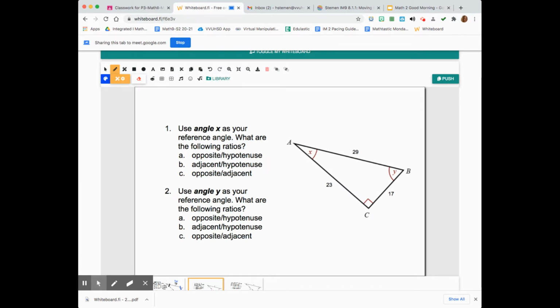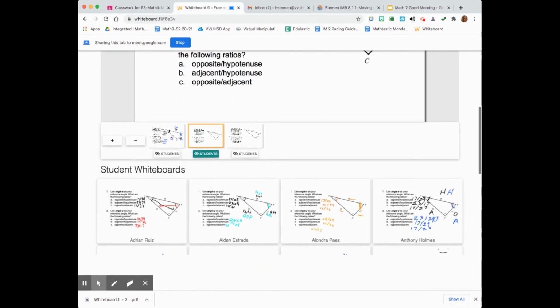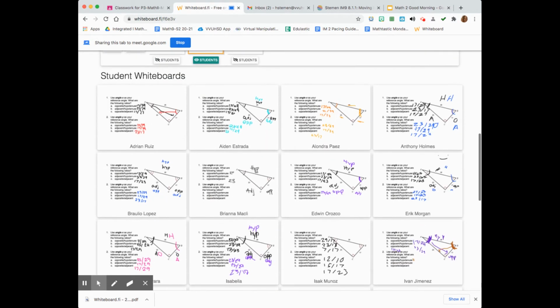So again, I need to see your triangle sides labeled and then your fractions. It's looking pretty good.